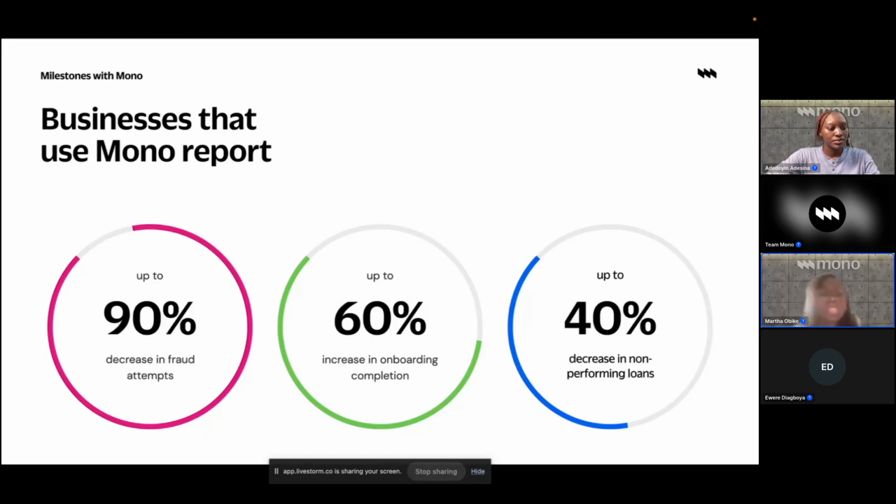What this means is that businesses like lenders or credit providers have reported a decrease in non-performing loans. And non-performing loans here means loans that customers don't repay.